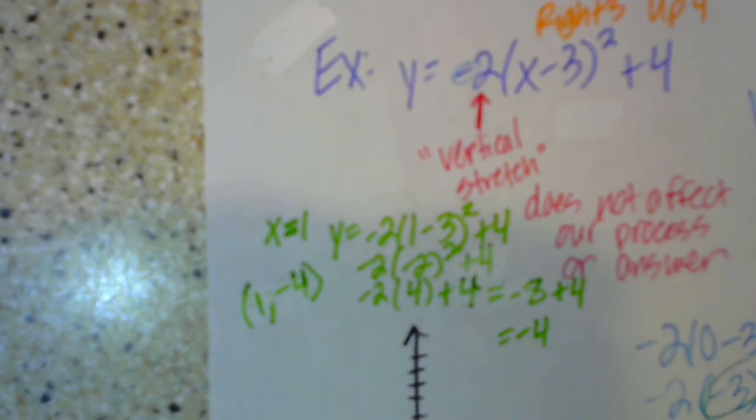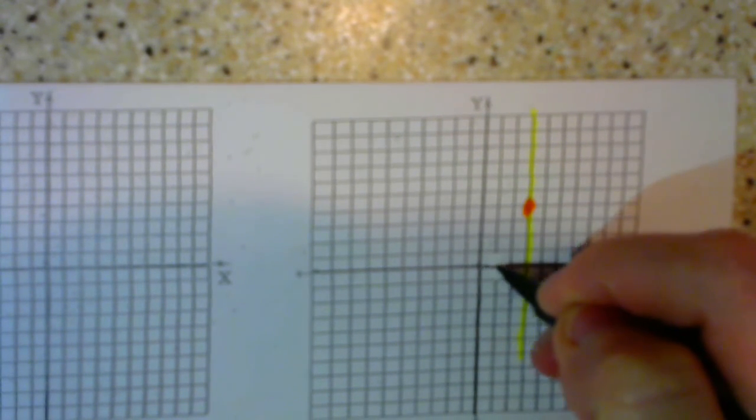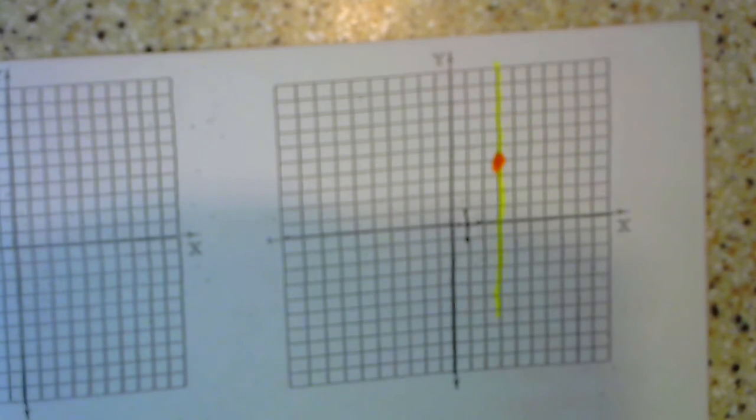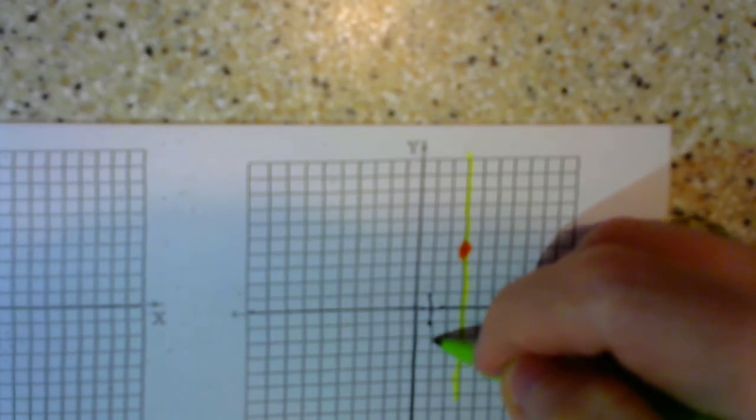Okay, so now I go to my graph. Fix it. Okay, so now I'm going to plot the point (1, -4). So here's 1, 1, 2, 3, 4.